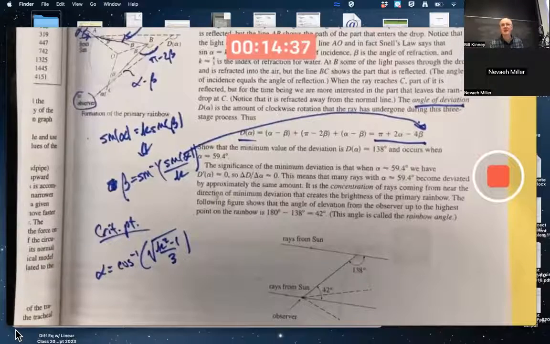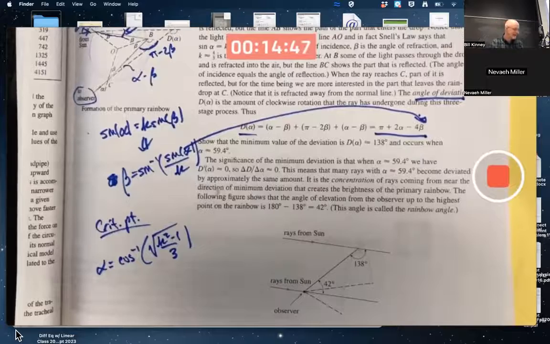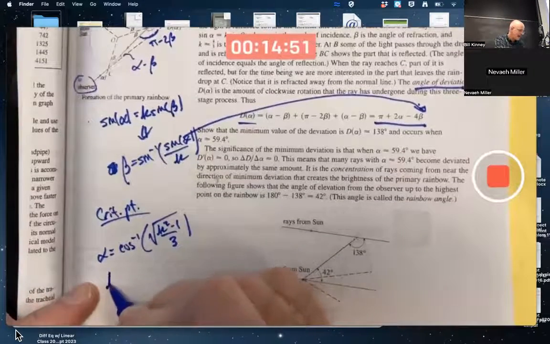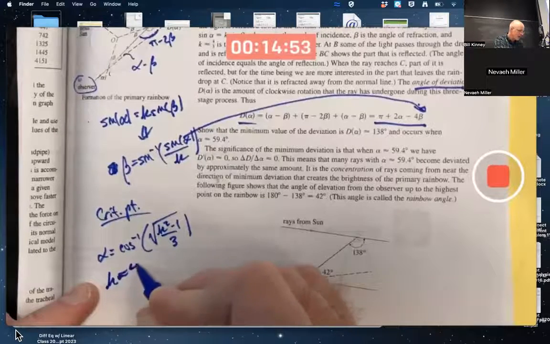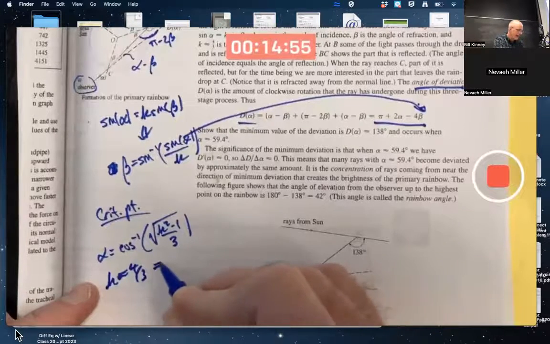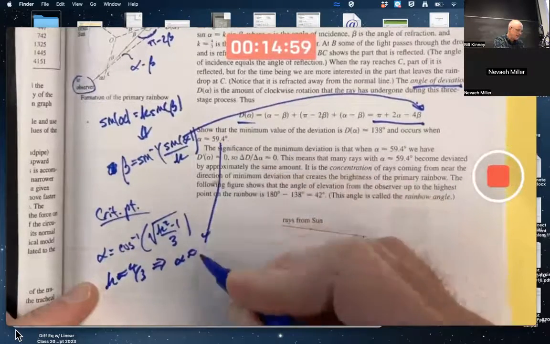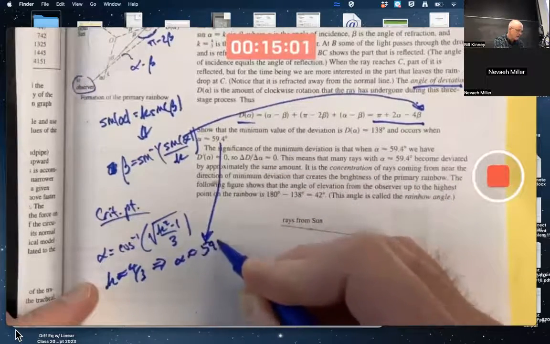We're going to do a similar derivation for the secondary rainbow today, but first we want to understand where the colors of the rainbow come from and why they are at different angles in the sky. That was the critical point. And when k is approximately 4/3, that gives alpha in degrees as approximately 59.4 degrees.